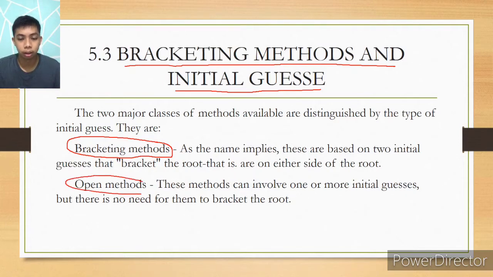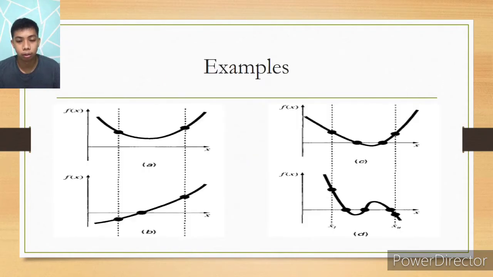Second, open methods. These methods can involve one or more initial guesses, but there is no need for them to bracket the root. So this is the example.